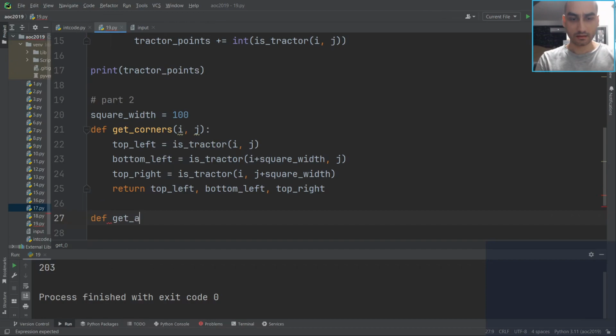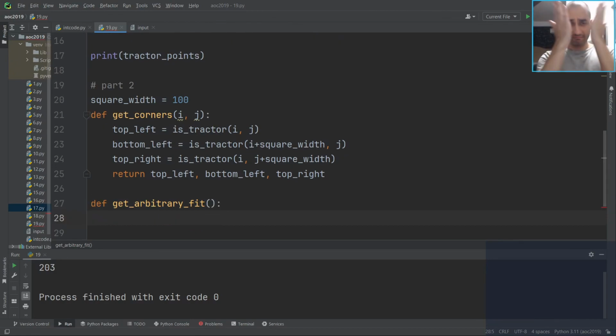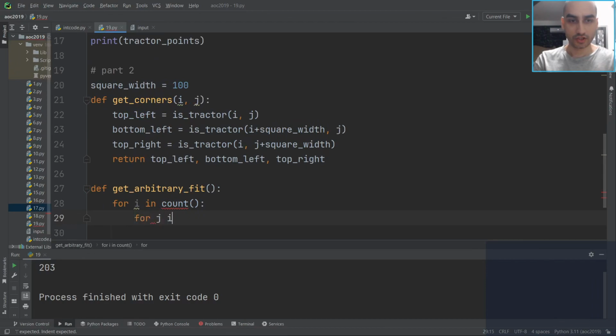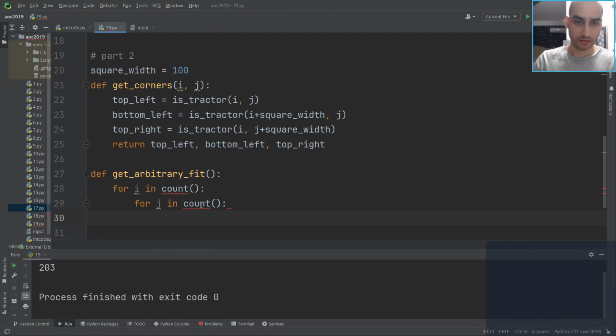So actually we can just do this, for i in get arbitrary fit. Just try each i and j until we find one. I don't know how long this will run. So for i in count, or j in count, we need itertools.count.